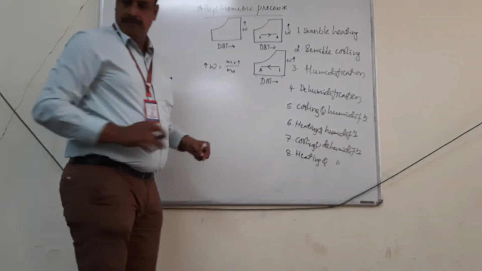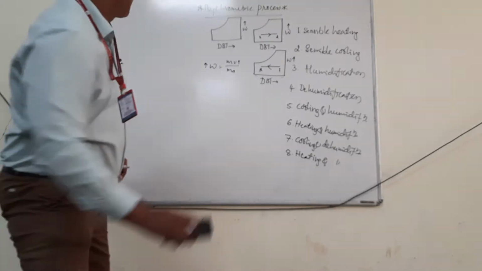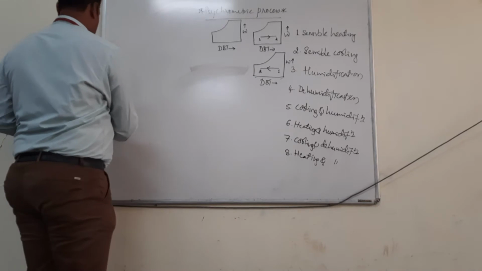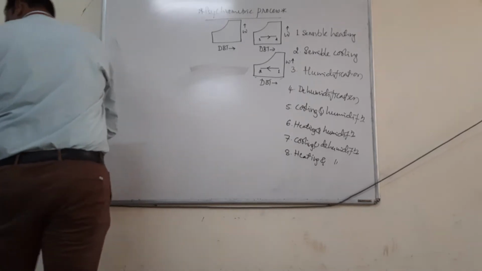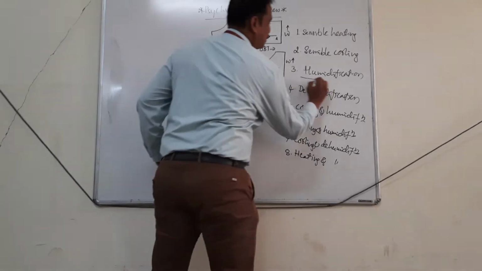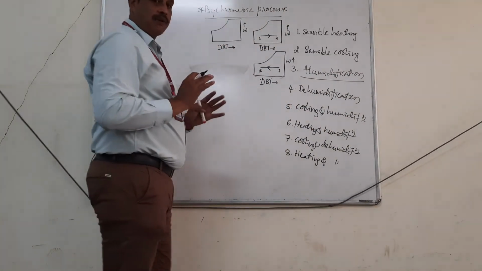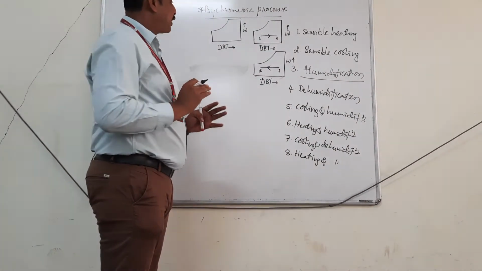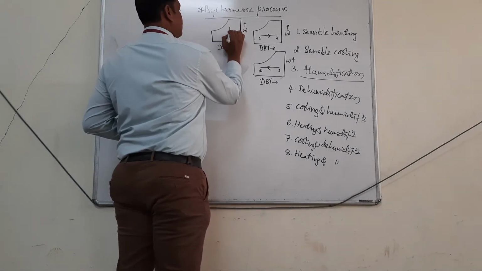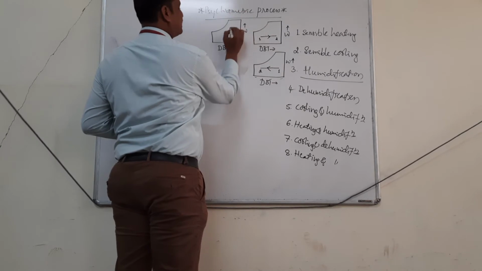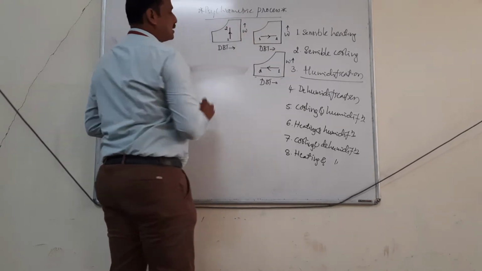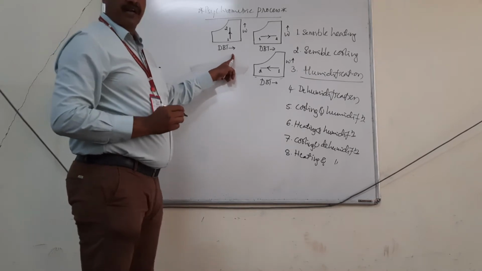So the third one is humidification. Humidification means an increase in specific humidity, like this. So increase means it goes this side, so it is 1, 2. So this is the third process, that is humidification.